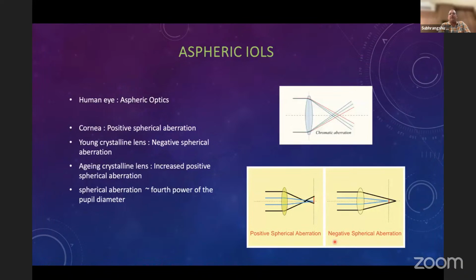Now, a little bit about the aspheric IOLs as well. We all know the human eye has aspheric optics. Cornea has positive spherical aberration, whereas the young crystalline lens has negative spherical aberration. With age, the spherical aberration of the lens becomes more and more positive.